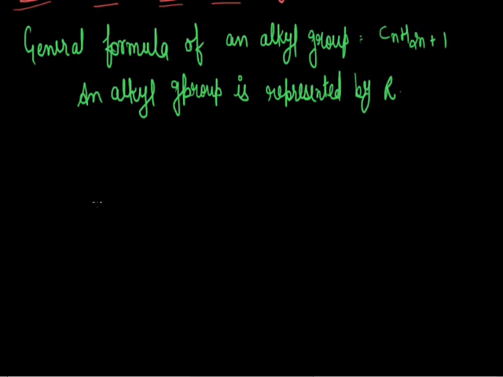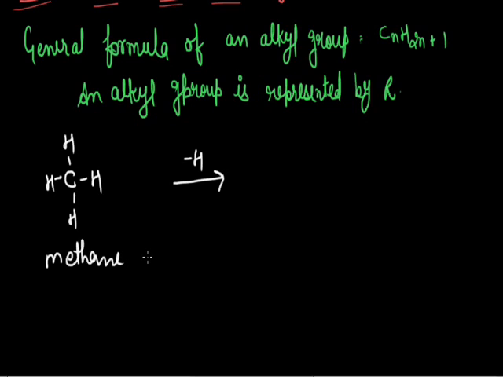Suppose we have methane, that means four hydrogen atoms are attached to the carbon atom. Then we remove one hydrogen atom from methane, and when hydrogen is removed from the hydrocarbon, we get an alkyl group, that is methyl.